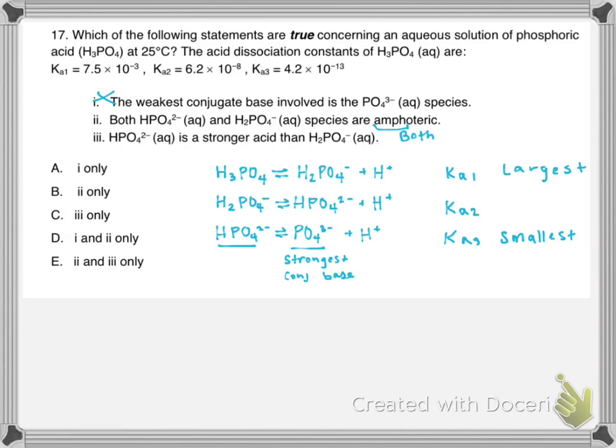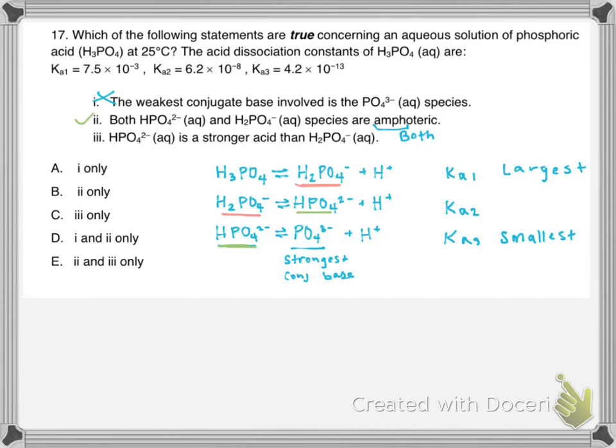In the case of here, H2PO4- would be acting as a base. It's the conjugate base there. But down here, it's acting as an acid. So it's doing both. And then we see the same kind of deal for the HPO4 2-. In this scenario, it's acting as the conjugate base, but then here, it's acting as the acid. Okay, so that's true.